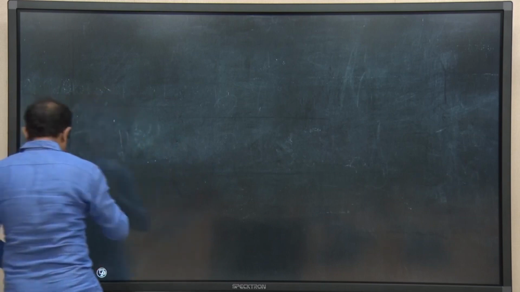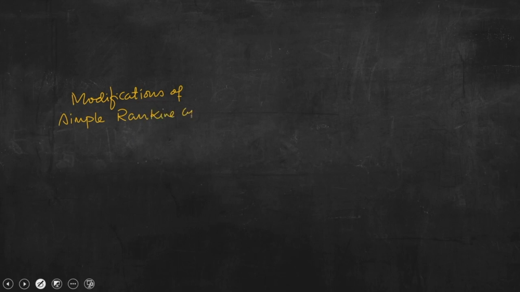So, if we try to discuss the modifications of simple Rankine cycle, number one, that we have already discussed in the last class, is lowering the condenser pressure.